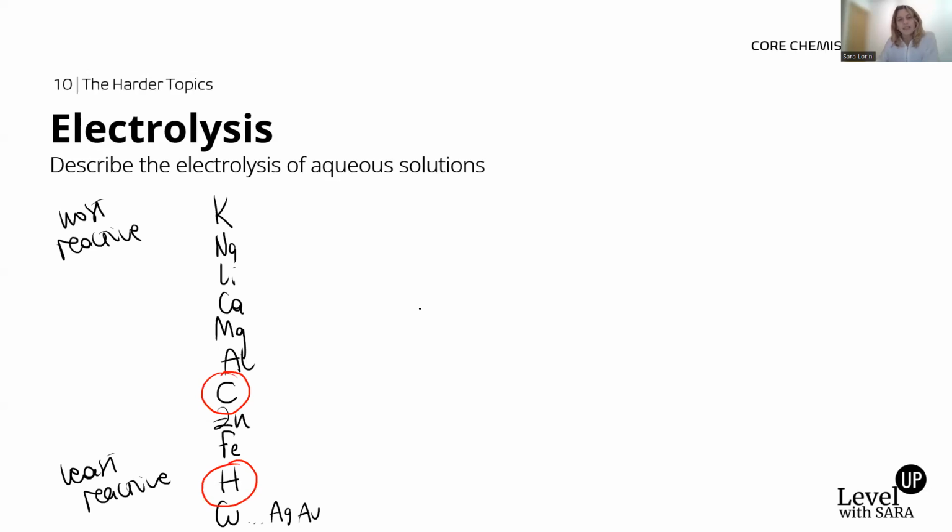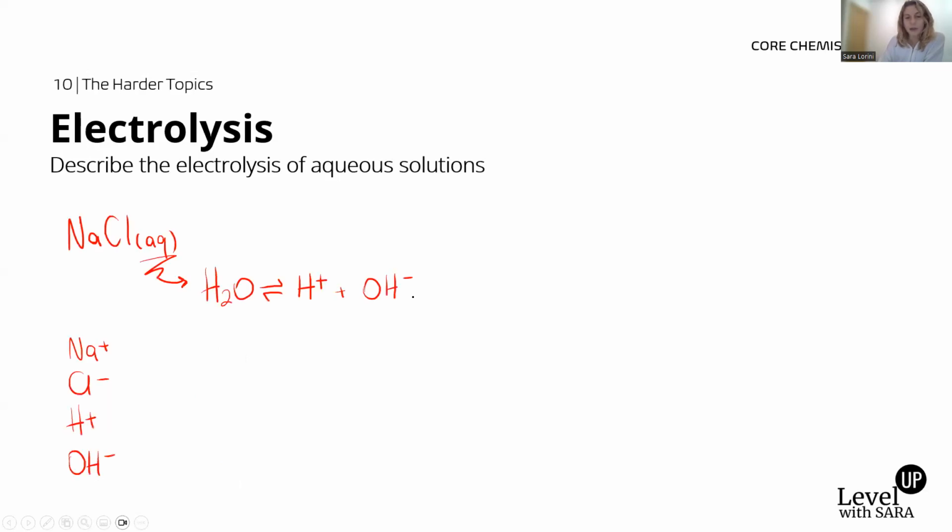So the two rules that are involved here concern cations, because sodium and hydrogen are cations, so they're attracted to the cathode. At the cathode, we would have sodium and hydrogen moving towards it. We need to choose one product only.